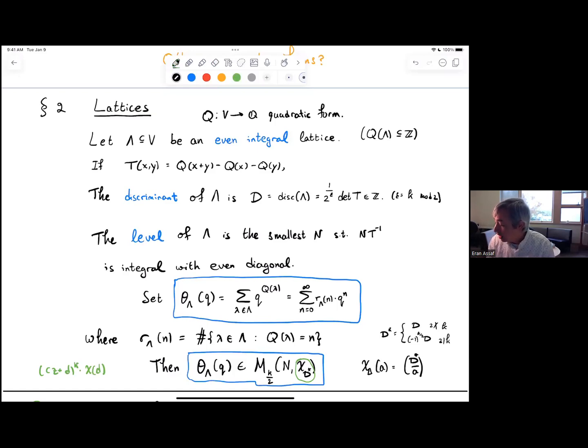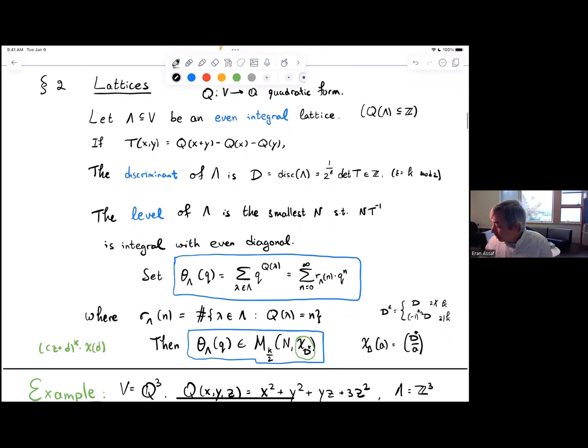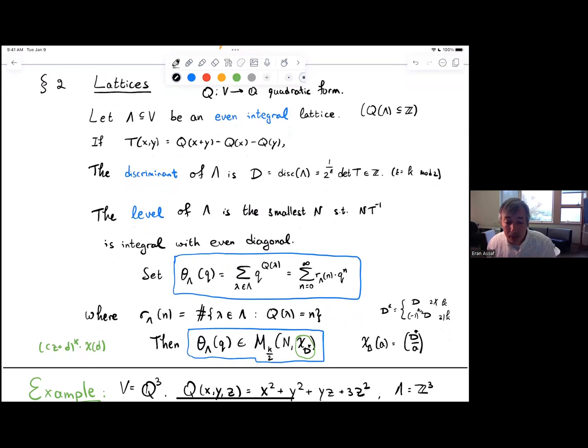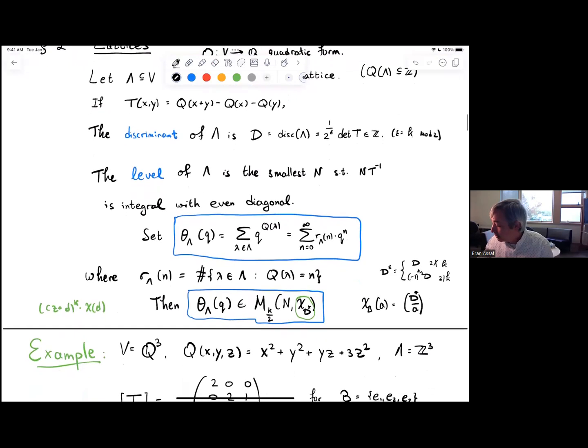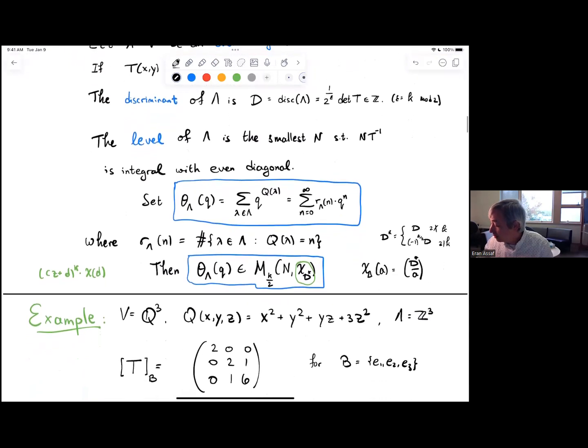Okay. Now, that might look very weird and sound very theoretical, but let's just look at an example. Let's take a three-dimensional vector space with the quadratic form x squared plus y squared plus yz plus 3z squared.